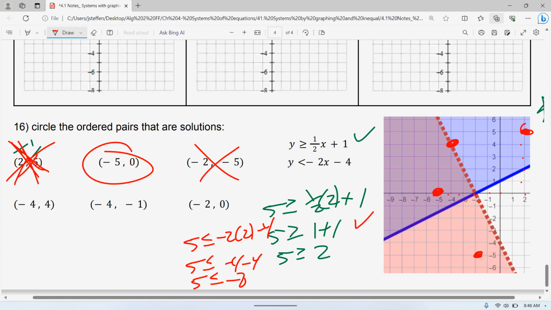If it's not underlined, equal to doesn't work. So if you plug anything that was on this dotted line, you get 5 is less than 5. It's not less than, it's equal to, not less than, or 10 is less than 10. So the punchline, if you have a point that's on a dotted line, that means that point does work for the blue line. It's in the blue shaded, but it's not on the red shaded because it's a dotted line. So that one doesn't work.